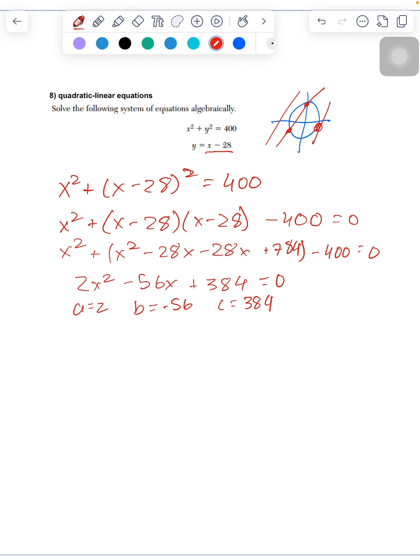First thing I'm going to do, I'm going to look at my discriminant, the part under the square root. What is this going to be?